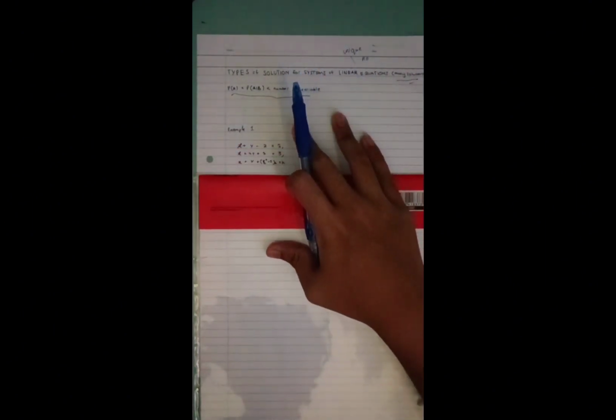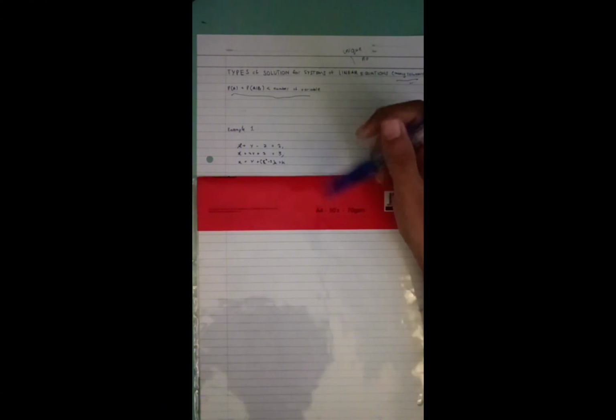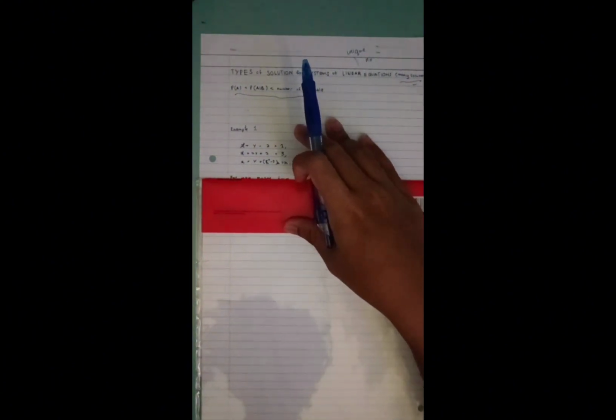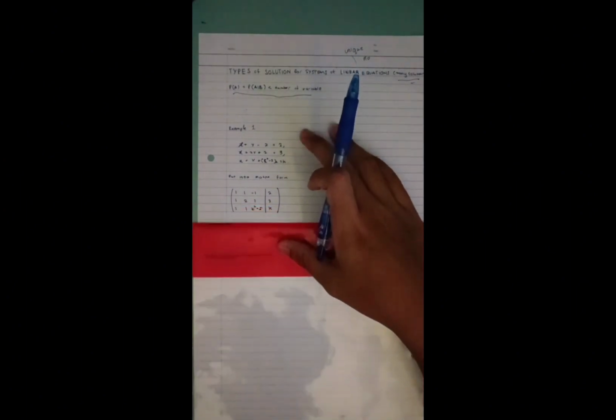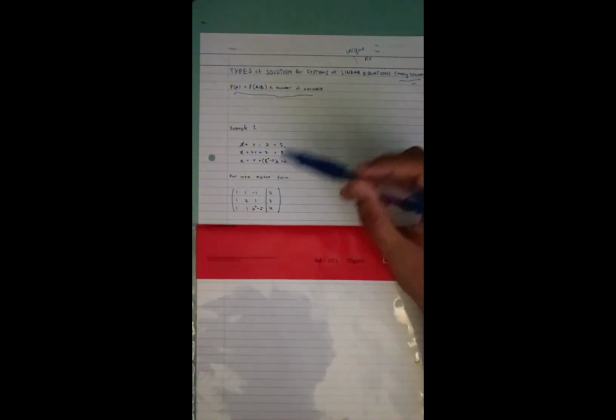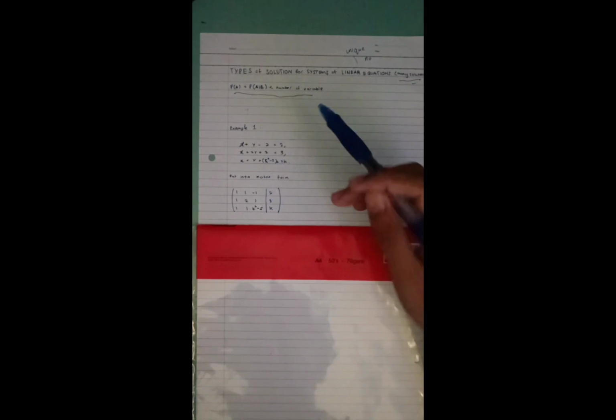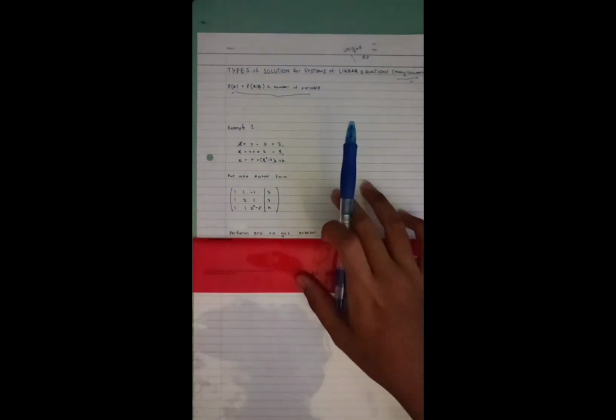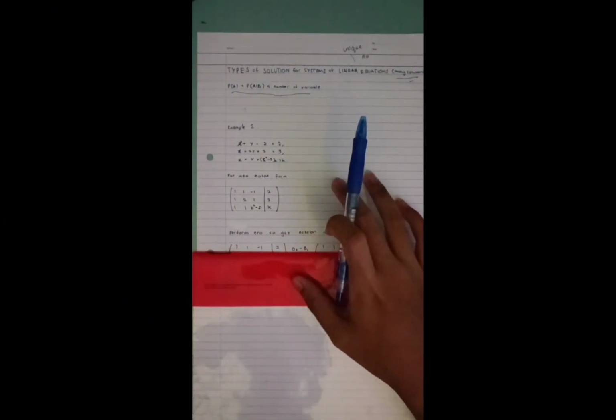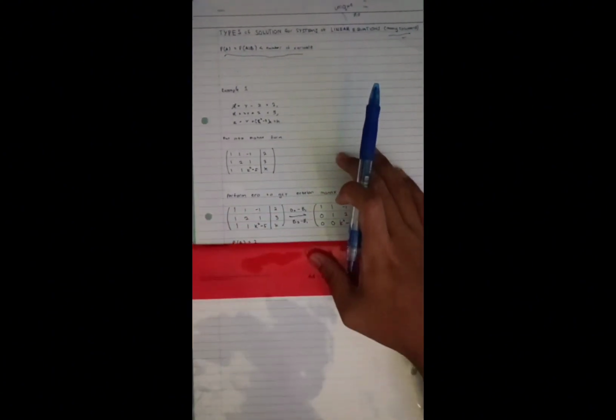Alright, let's move to example 1. The first thing you need to do is put all the equations into matrix form, which gives us this, and then we perform ERO to get an equivalent matrix.